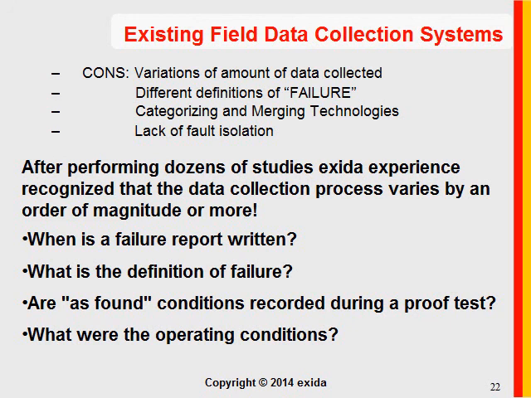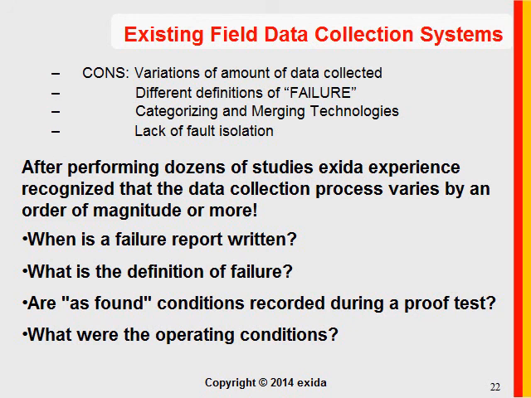So after we looked at dozens and dozens of field failure studies, we recognize a lot of problems with data collection, and the results, when your expected failure rates or expected demand rates could be orders of magnitude different. And if you use that information, you could end up with an under-designed system.